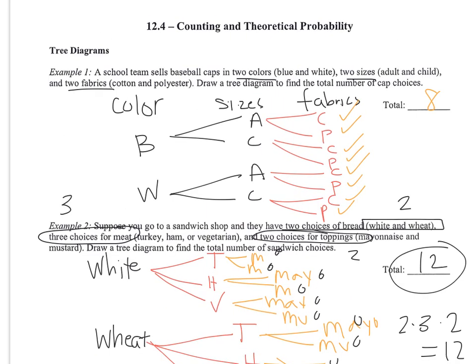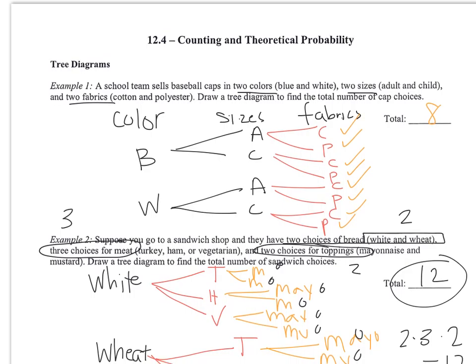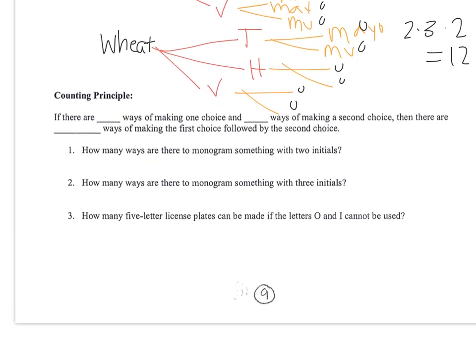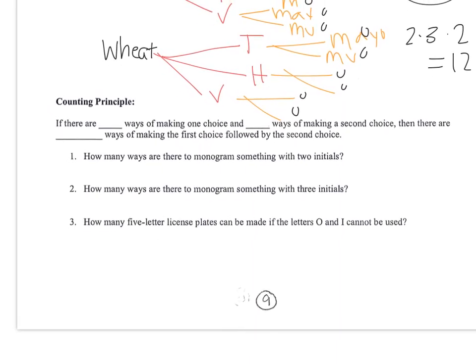That's a shortcut. Same thing with this one right here. You had 2 choices of colors, 2 sizes, and 2 fabrics. So you can multiply 2 times 2 times 2 and get 8. This is called the counting principle.